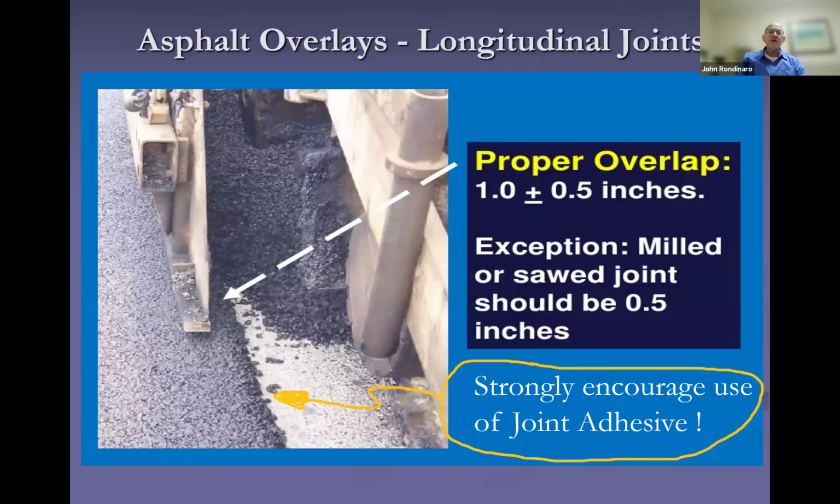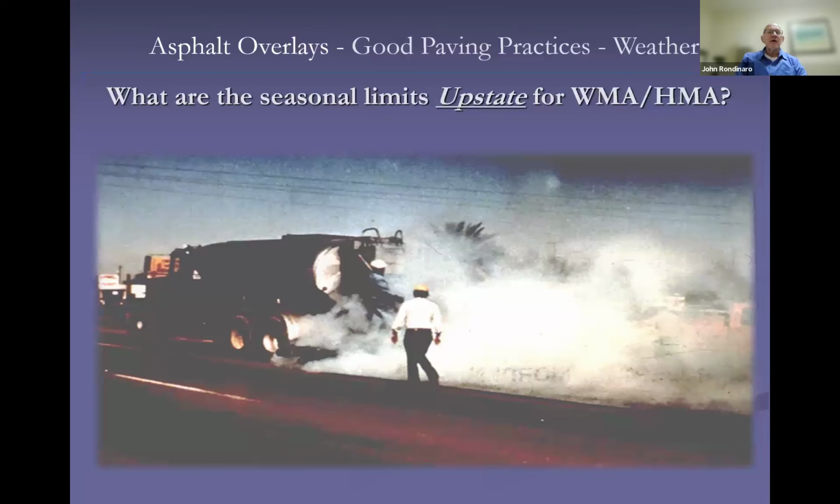You want 1 inch to 1.5 inches of overlap from the hot to the cold joint. And one thing that's missing in this picture, we usually ask what's missing, but we're moving fast. If you look at this picture close, you're not seeing any tack coat. So you really want to see black tack coat and joint adhesive in that picture as well.